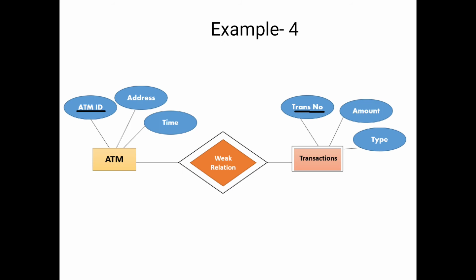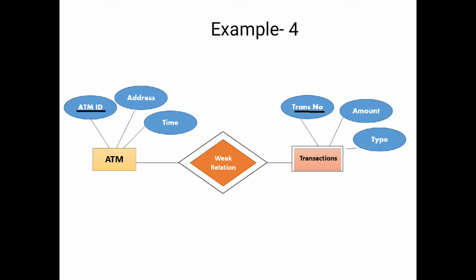Here also I will consider the key attributes. Here the entities are ATM and transactions. Here I will consider the relationship as a weak relationship because ATM and transactions maintain a weak relationship. So that's why I will consider the double rhombus for the relationship.